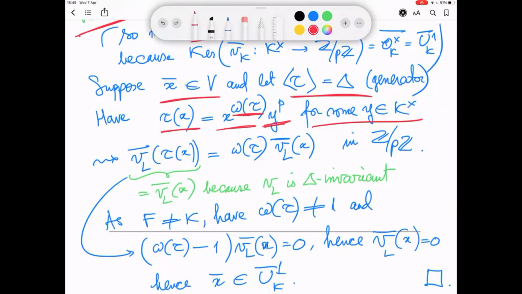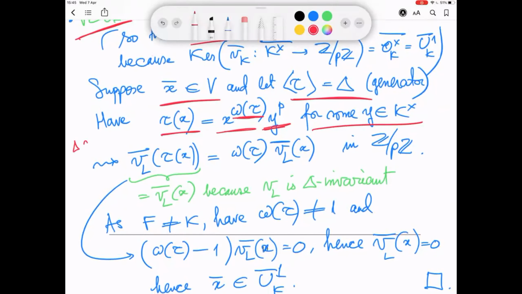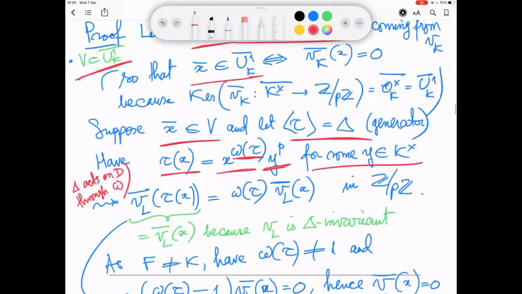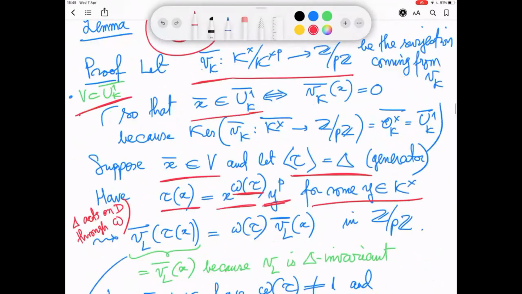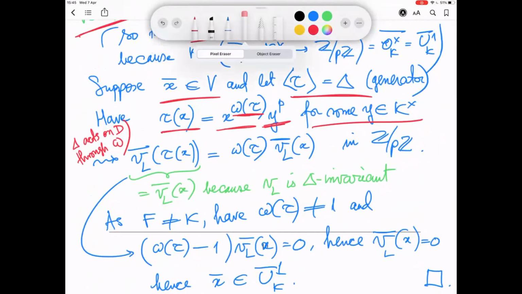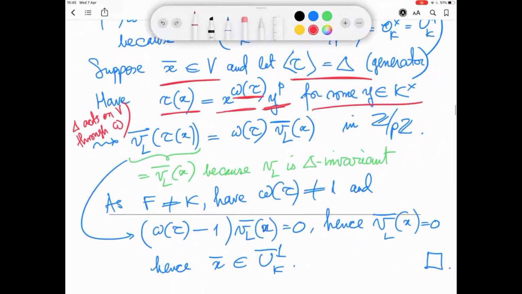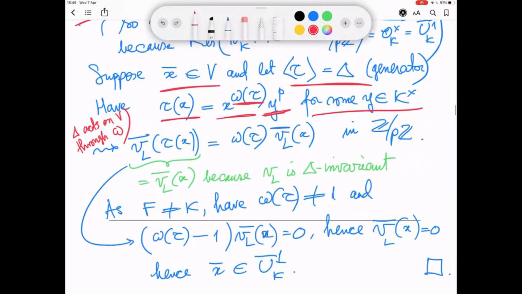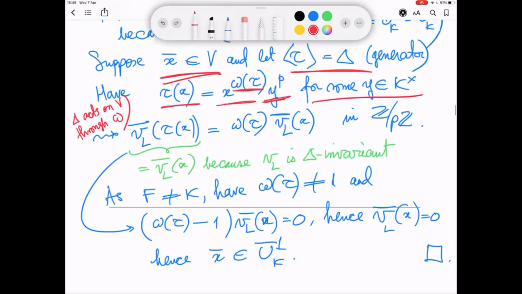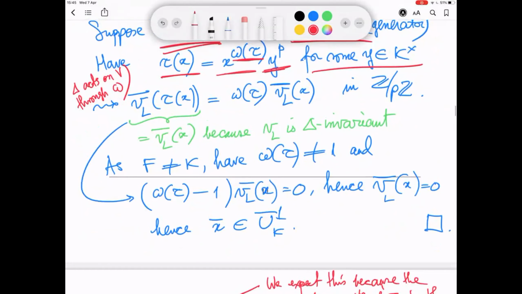That's because delta acts on the whole of V through this character. So X is such that X bar is in V, and therefore you have this here, right?